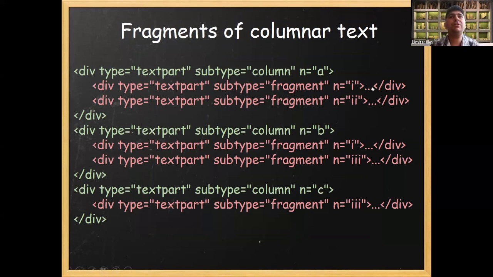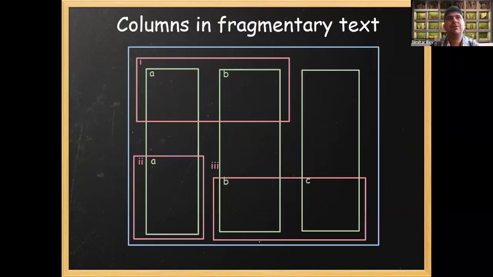You only need to indicate with elements and sub-elements where exactly you want this to be nested. But I hope that you will not deal with such complex examples pretty early in your encoding practice. Columns in fragmentary text. You have here again one fragment which contains elements of both column A and B, second fragment which contains elements in almost only column A, and a third fragment which contains elements in columns B and C.